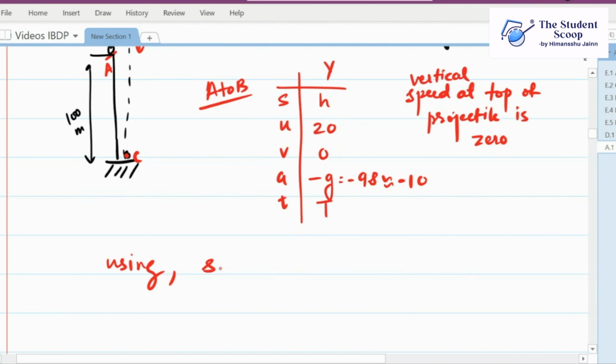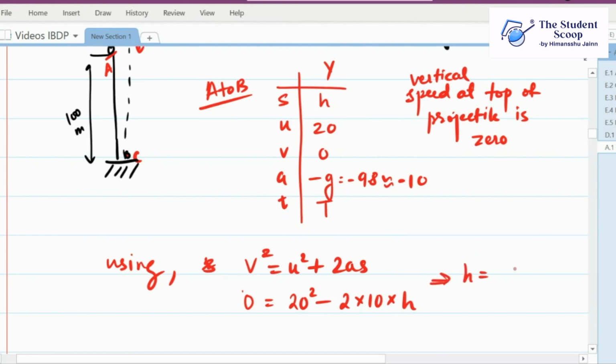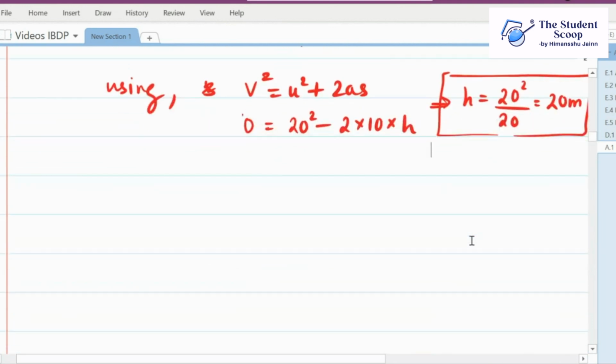So the ideal equation is something without time, like v square equals u square plus 2as. So it will be 0 is equal to 20 square minus 2 into 10 into h. From this, we can calculate the height h. It will be 20 square over 20, which is just 20 meters.